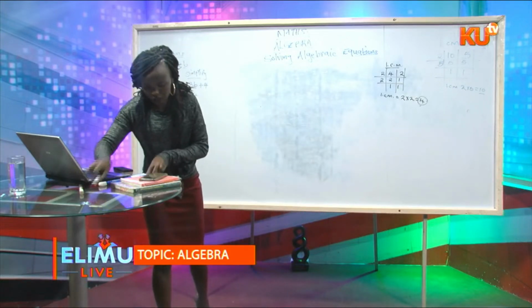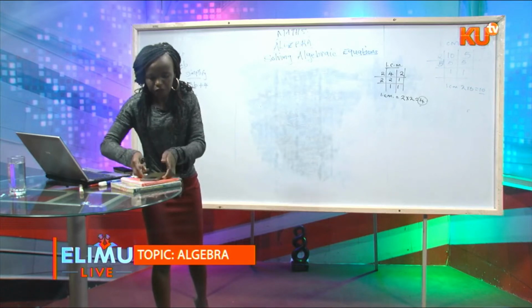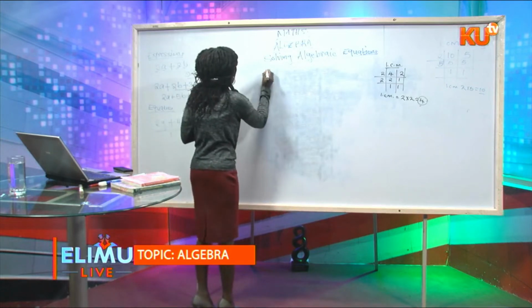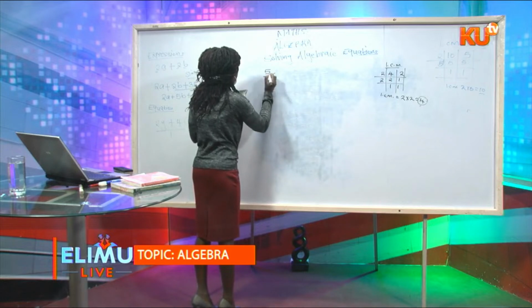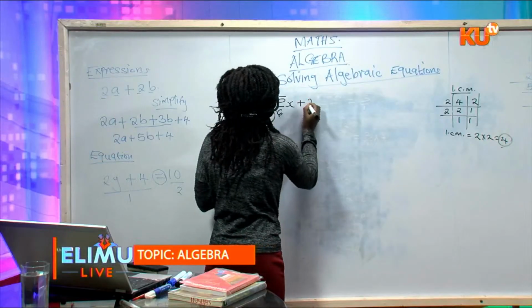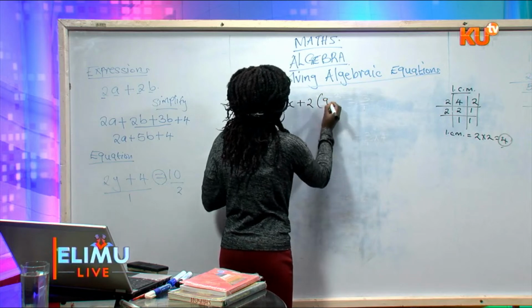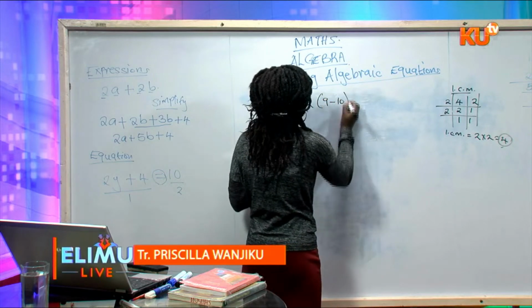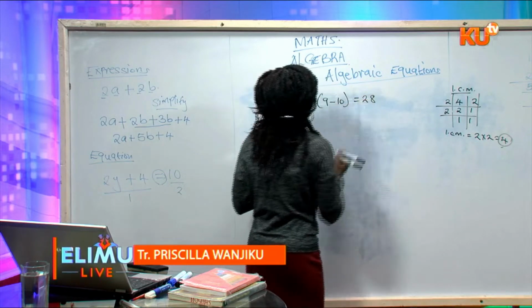So very first, 5 over 6x, 6x plus 2 bracket 9 minus 10 is equal to 28.